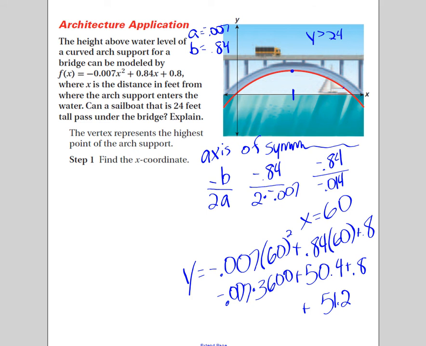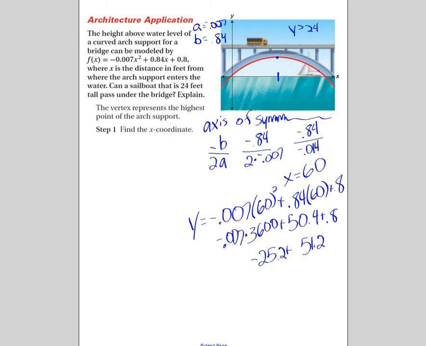0.007 times 3,600 quickly. So, we agree? Okay. So negative 25.2 plus 51.2 is?